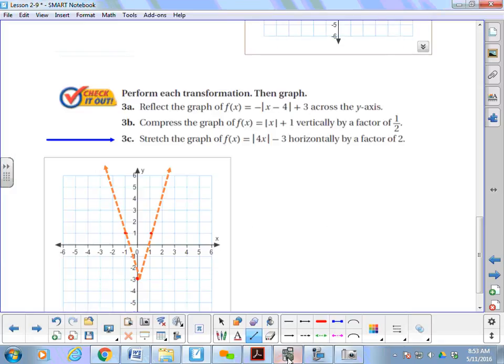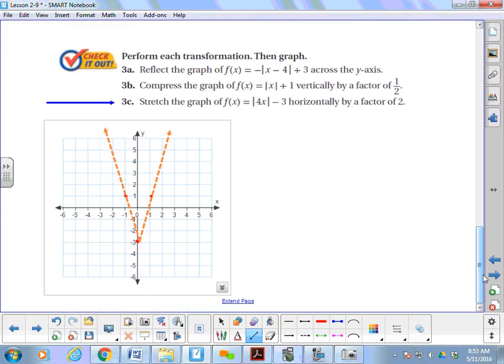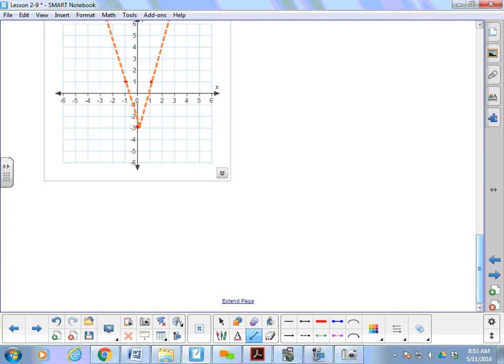I only need 3. I need the vertex, and hey, I got those other 2 I just put on here. So what's the x value at the vertex? 0, right? What happens when I multiply 0 times 2? I get 0. So my new point is still going to be at 0.